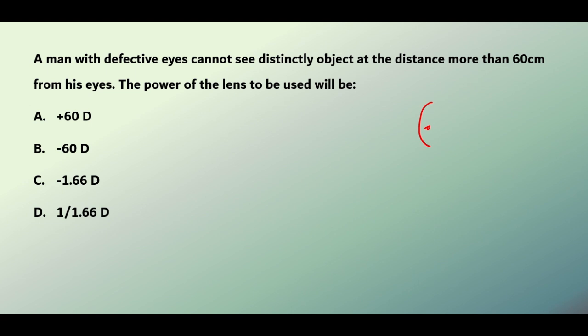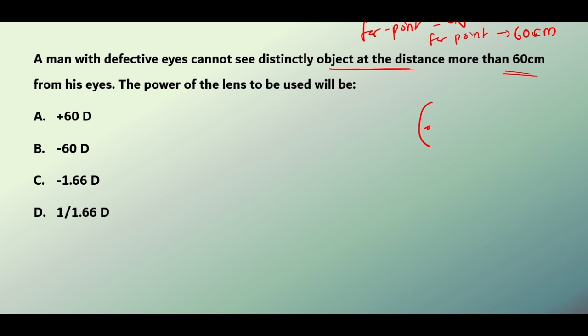It says that the man with defective eyes cannot see distant objects at a distance more than 60 centimeters. So that means this person is experiencing myopia, or nearsightedness. This means instead of his far point being infinity, his far point is now 60 centimeters.